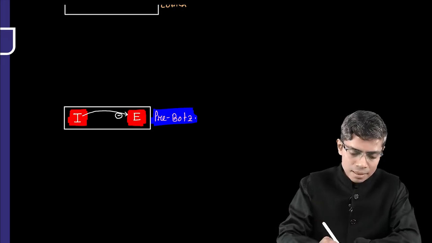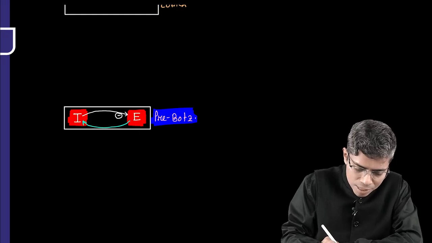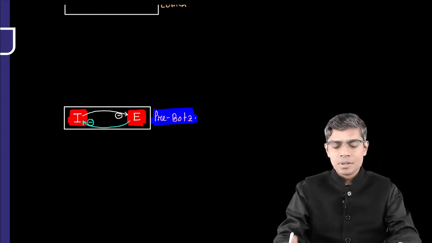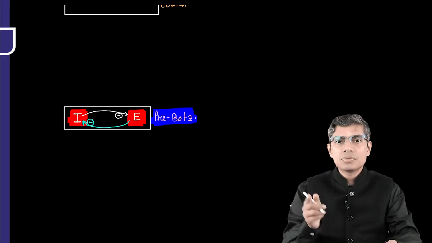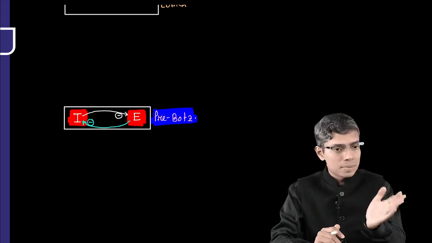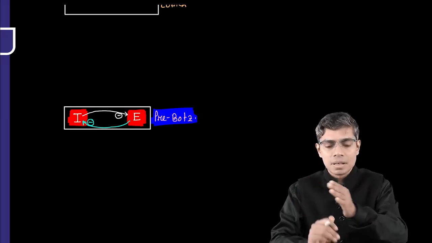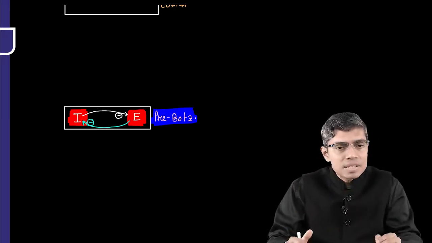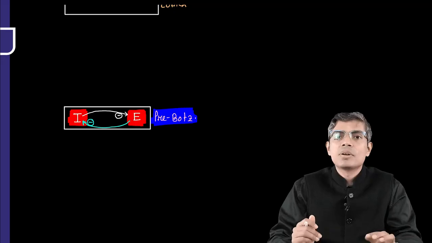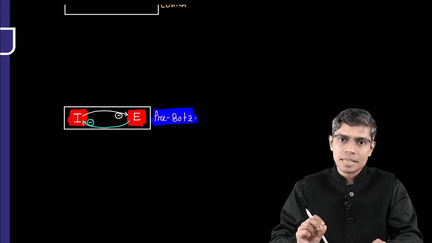After 2 to 3 seconds, this E neuron will be activated automatically, and when the E neuron is activated, it will suppress the I neuron. So there is a mutual inhibition between these two neurons, okay, and there is a pattern: inspiration followed by expiration, inspiration followed by expiration. How this is happening, what is the reason behind this, what is the molecular reason, we do not know, but this kind of pattern is there at the level of the pre-Bötzinger complex, right?